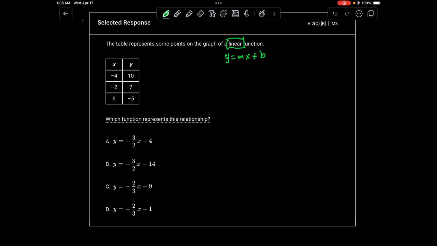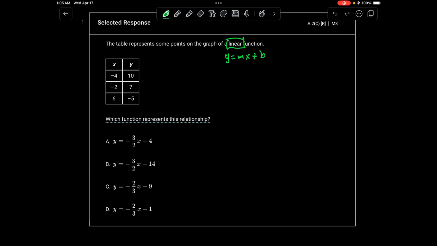One way would be to put these functions one by one on the graphing calculator, and here of course I'm going to focus on using the graphing calculator heavily. One would be to put these functions one by one and find their table and see which one gives me the table that matches that table.